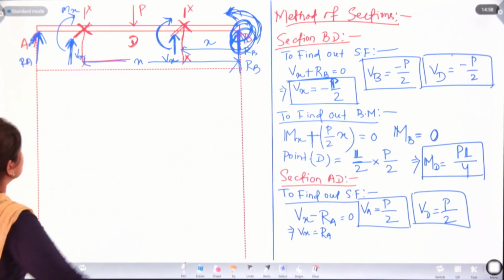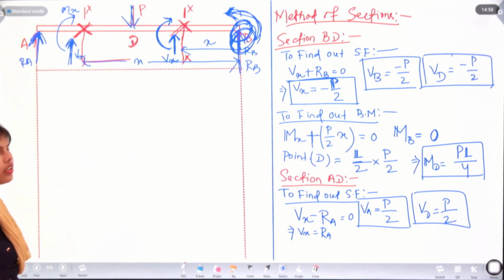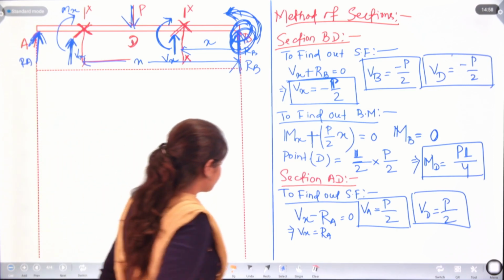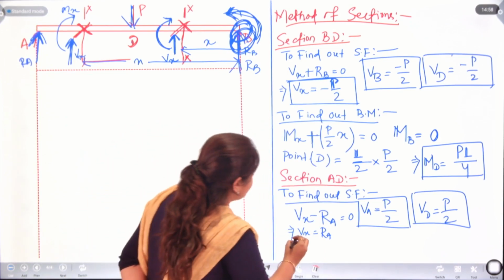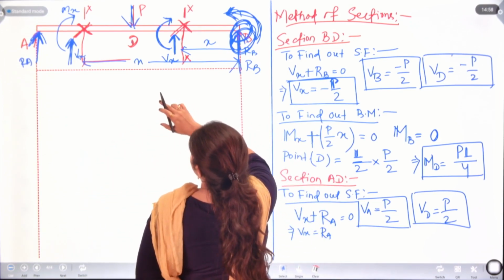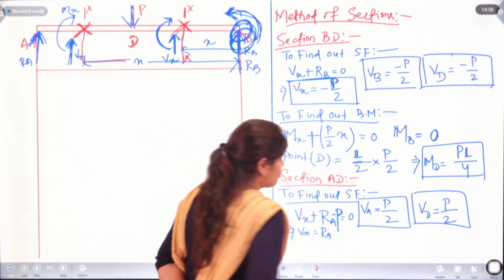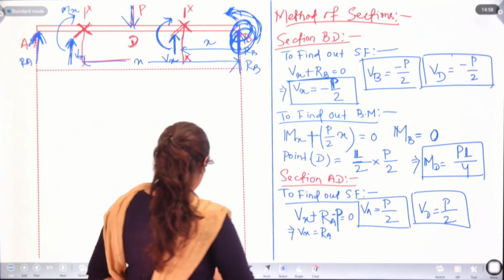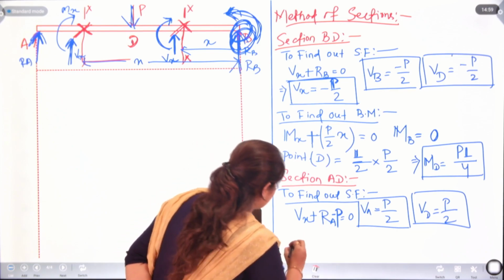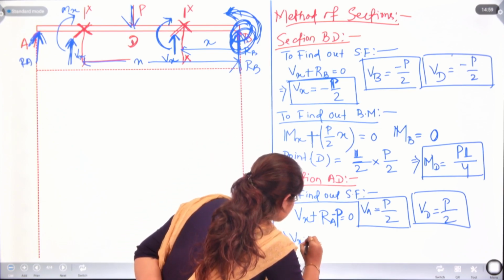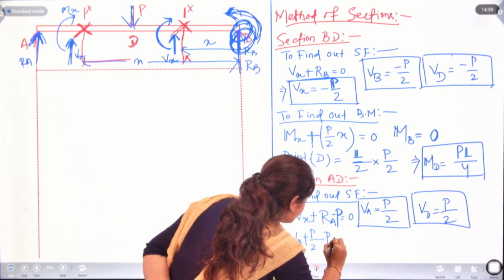You can see in this whole section we are having only this. Here we are having Vx plus Ra minus point load P. The answer will be the same, but with a little bit of change: Vx plus P by 2 minus P is 0.